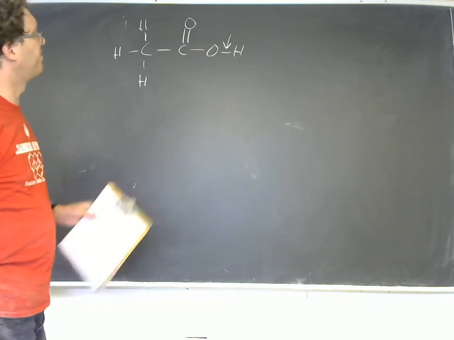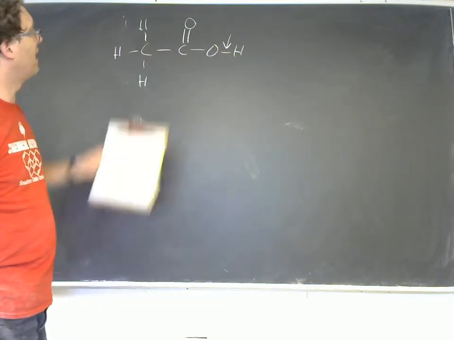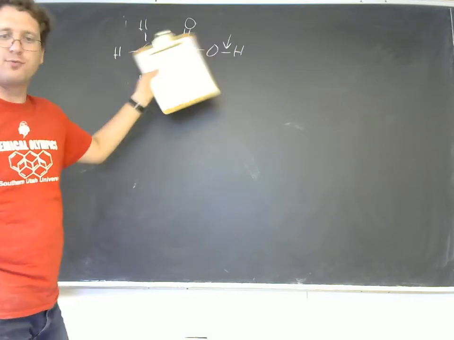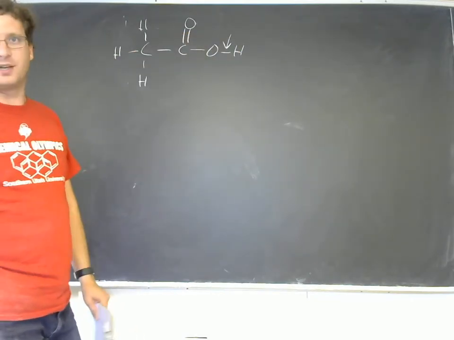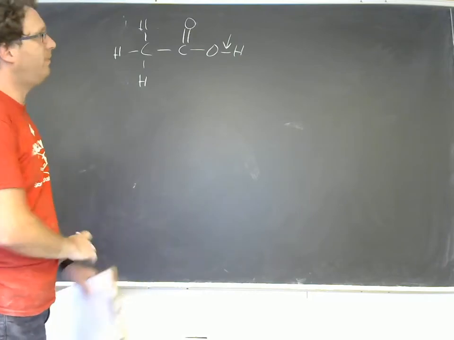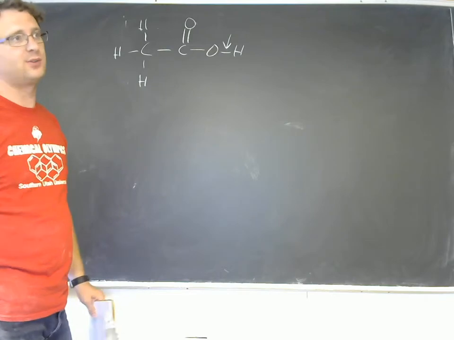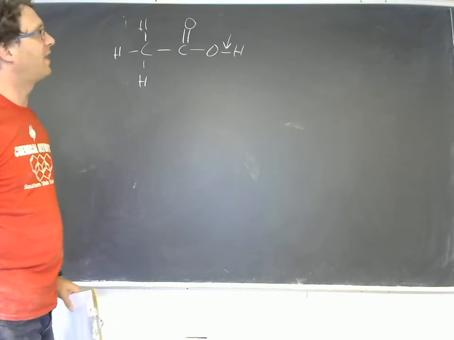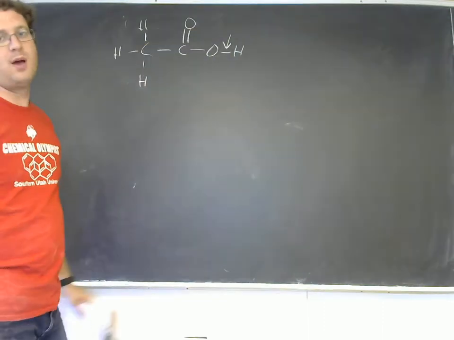That's a highly polar bond, and it has this COOH group, which hopefully you recognize as a carboxylic acid group. Formic acid, acetic acid, propionic acid: those are examples of carboxylic acids that have this COOH group on the end.